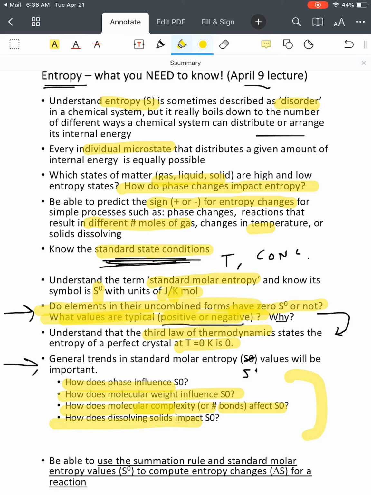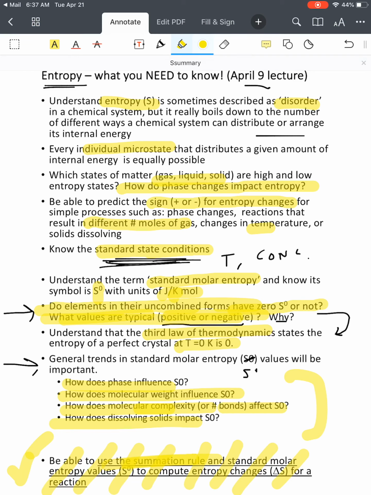And then the real big one here is down at the bottom. Don't lose sight of this one. Make sure that everybody knows how to use these summation rules, which we talked about a lot in the lectures for chapter 20. Use the summation rules with the standard molar entropy values, these S0 values, to compute entropy changes for reactions.